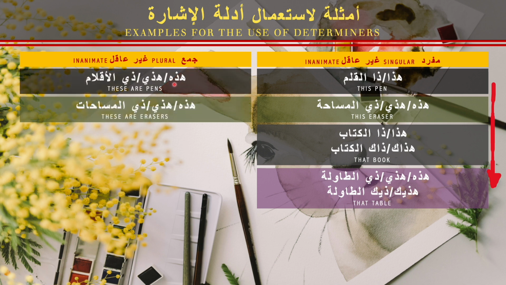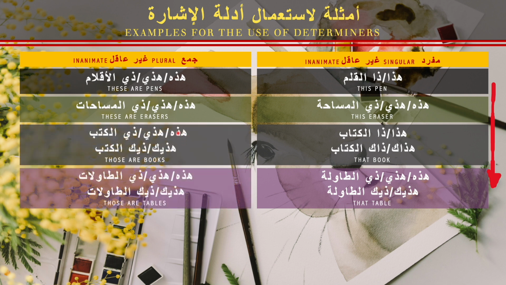The last batch. هذه or ذي الأقلام. هذه ذي المساحات. هذه الكتب. ذي الكتب. هذيك or ذيك الكتب. هذه or ذي الطاولات. هذيك ذيك الطاولات.